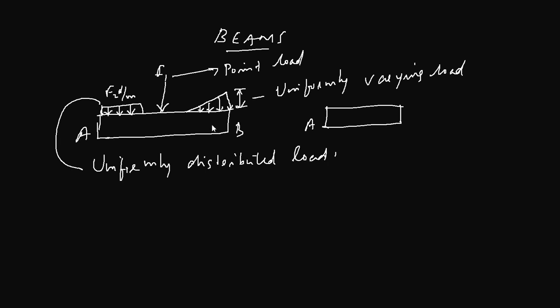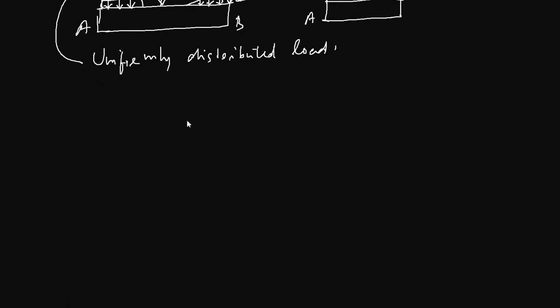So these are the three load cases, and we have a few supports as well for the beams. When you consider a beam just like this, you will have different kinds of support. In some cases you have a roller support here.